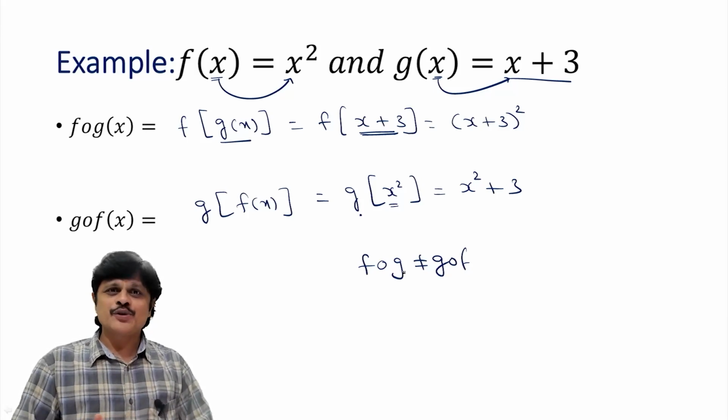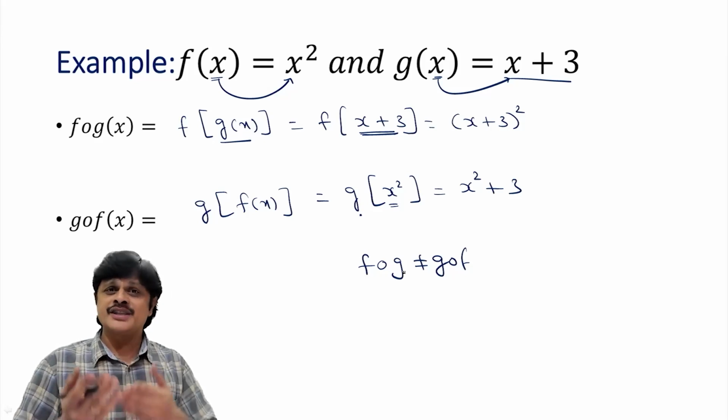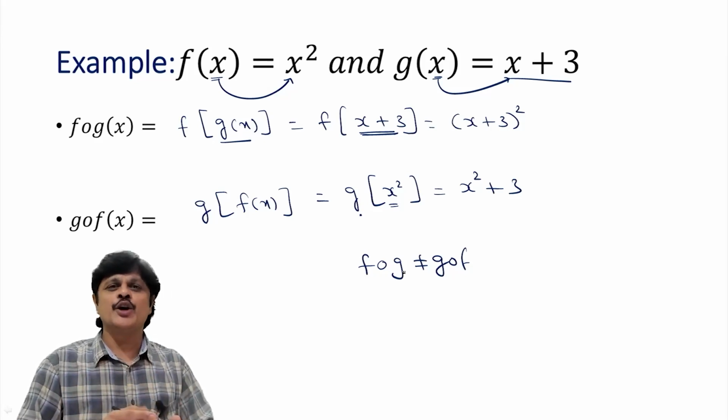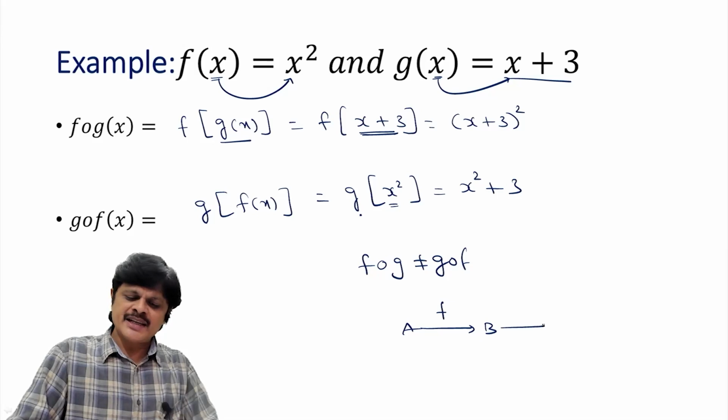And actually sometimes, even if f circle g is there, g circle f need not be defined, or if g circle f is defined, then f circle g need not be defined. For example, f is a mapping from a to b and g is a mapping from b to c, then g circle f is possible. But if you want f circle g, first you write g, right? G means b to c, but f is from a to b.